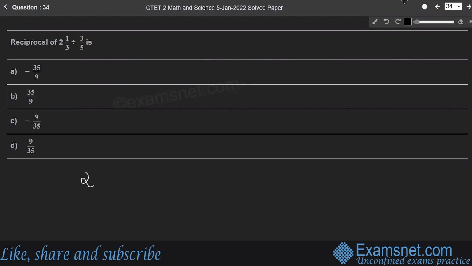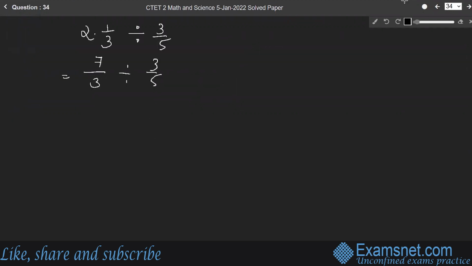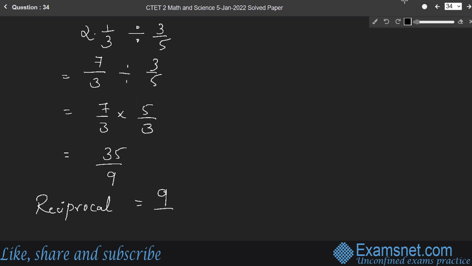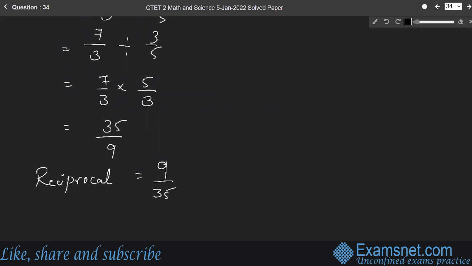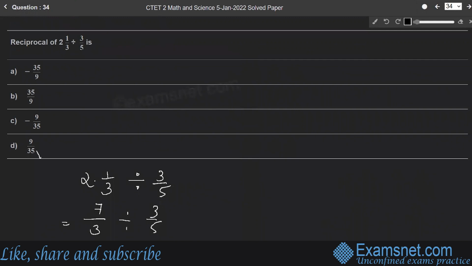So here, 2 integer 1 by 3 divided by 3 by 5 is equal to, 3 into 2, 6 plus 1, 7 by 3 divided by 3 by 5, which is equal to 7 by 3 into 5 by 3, which is 35 by 9, and its reciprocal is 9 by 35. Hence, option D is the right answer.